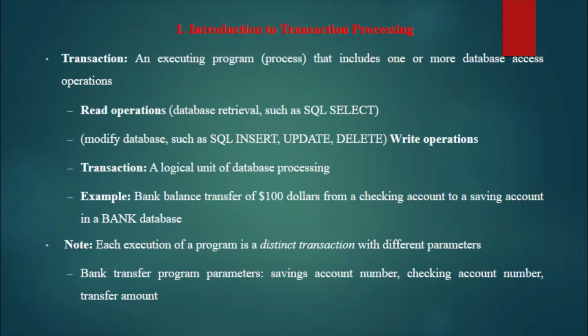Then the third is the transaction itself. A transaction is a logical unit of data processing, where the data interacts with the user interface, and according to the request the data is fetched, displayed, and stored. Whatever operations or requests come from the client to the server or from the server to the client, the transactions undergo with respect to that, and we call it a logical unit of database processing.